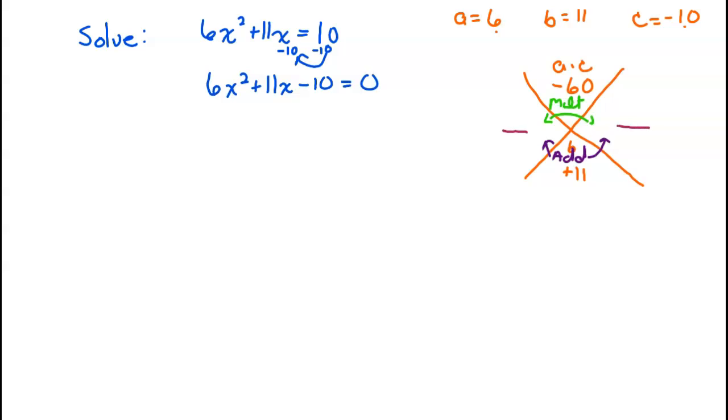Whenever I'm looking at this, I can think of different numbers. Since I need to multiply to get a negative, one's going to have to be positive and one's going to have to be negative. And I want my larger number to be positive because my addition is going to be positive.